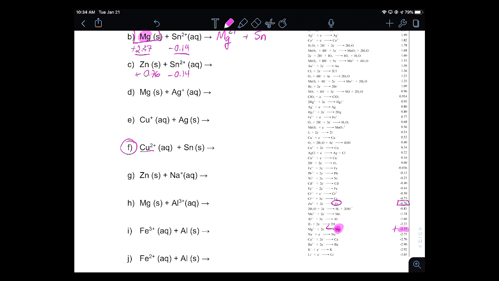So magnesium here is the product of reduction in this standard reduction potential table.